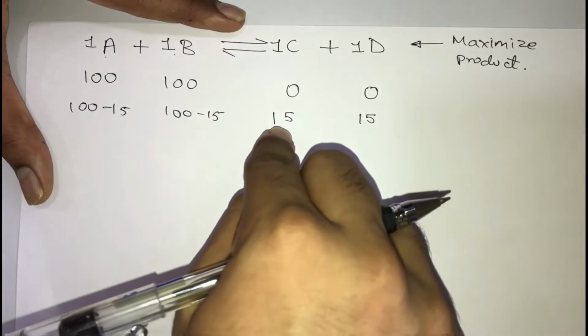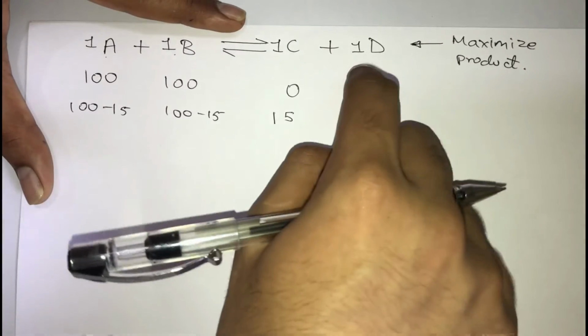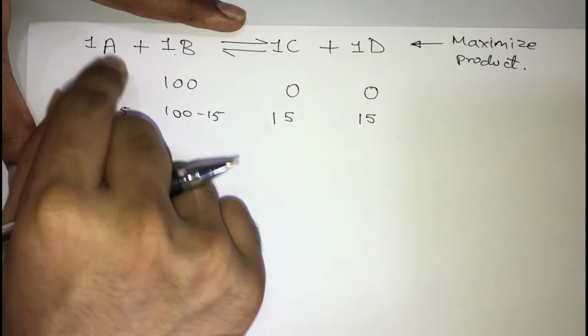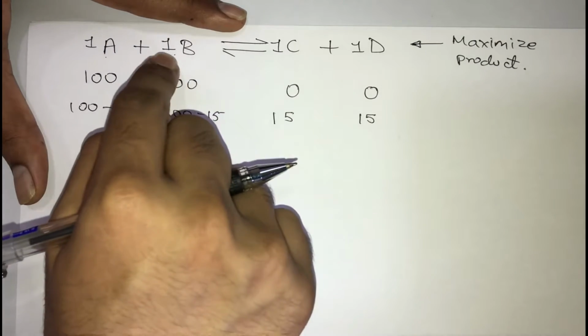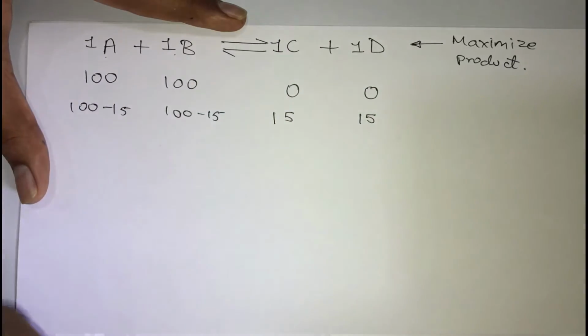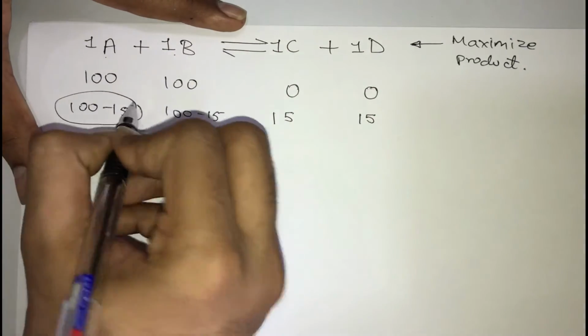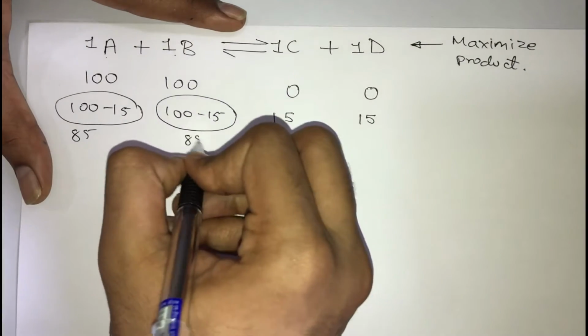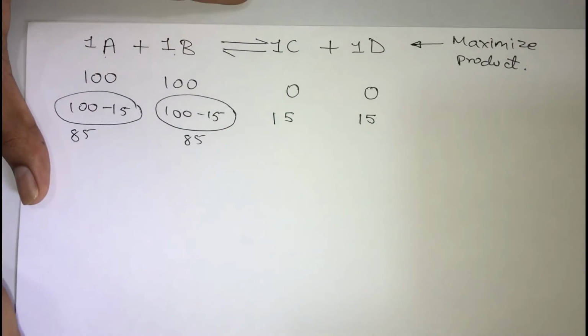If you have produced 15 moles of C and 15 moles of D, then it is obvious that 15 moles of A would have reacted with 15 moles of B to give us 15 moles of C and D respectively. So guys, now can I say that we have 85 moles of A remaining and 85 moles of B remaining.